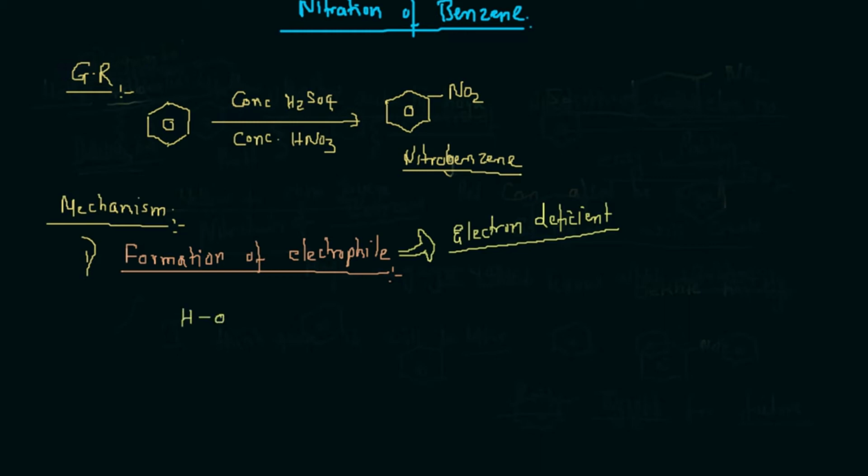So let's start with the reaction. So this is H2SO4. Let me draw the structure. And we know that each oxygen atom has two lone pairs.